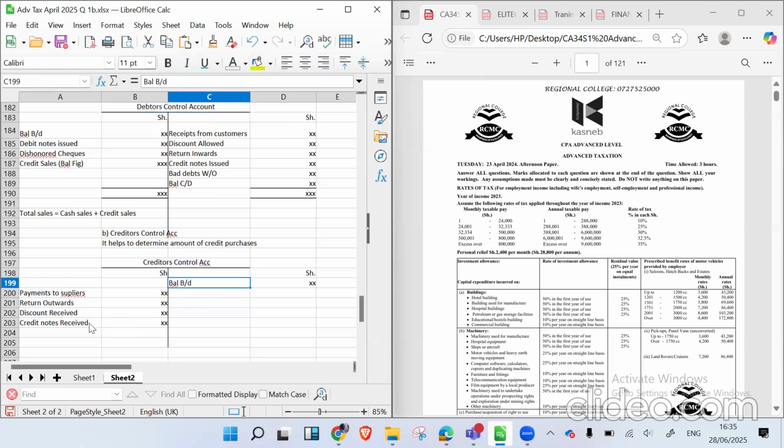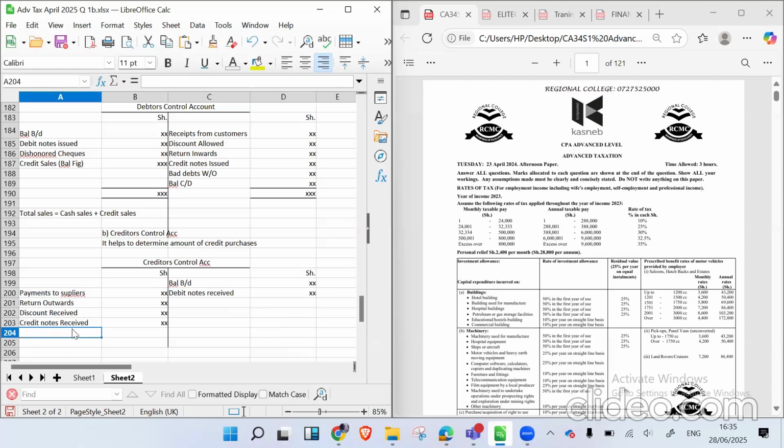So of course, if we have credit notes issued reducing our purchases, then debit notes received will affect our purchases and increase them.